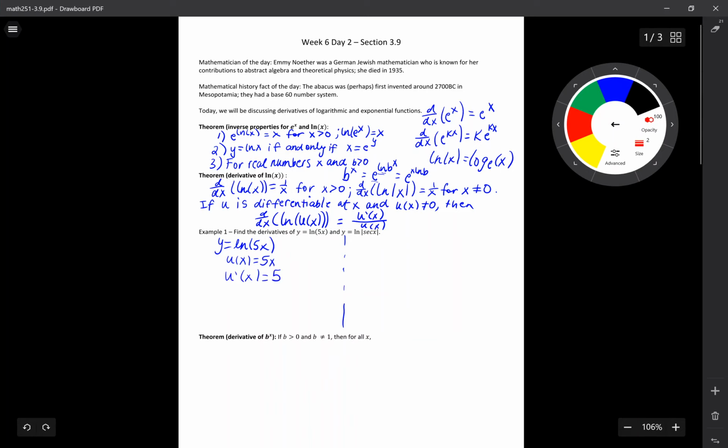And according to our theorem right here, the derivative of natural log of 5x is equal to u prime, which is 5, over u of x, which is 5x. And I can cancel those 5's out. I'm left with 1 over x.